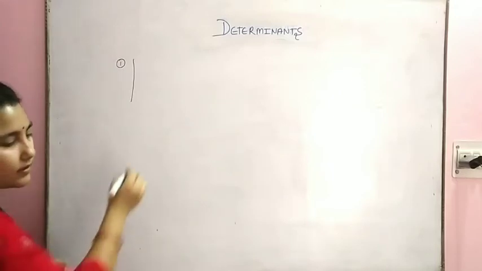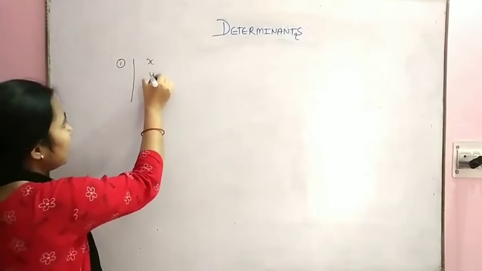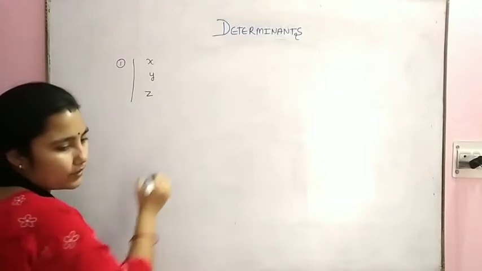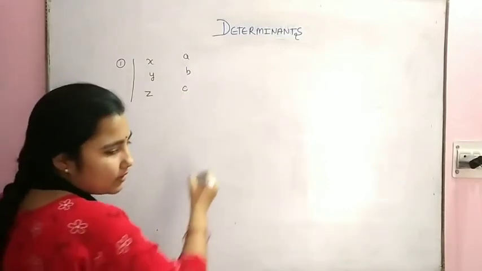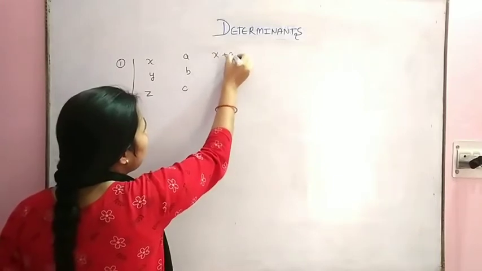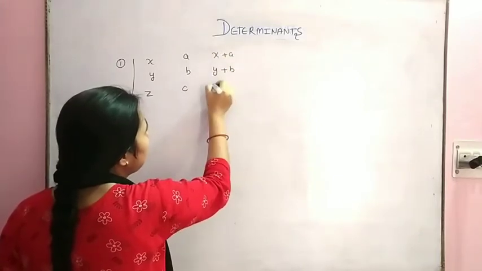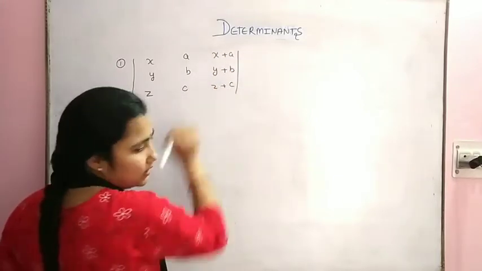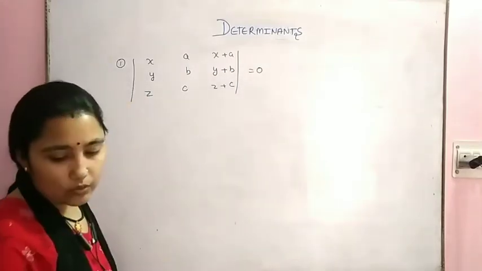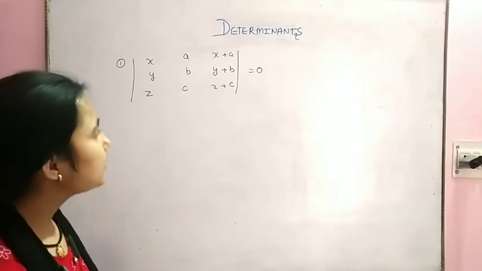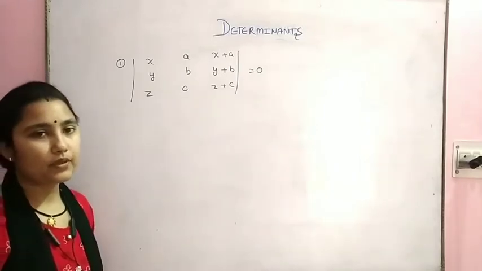The determinant with rows X, Y, Z, then A, B, C, then X plus A, Y plus B and Z plus C. We have to prove this is equal to 0 without expanding the complete determinant.